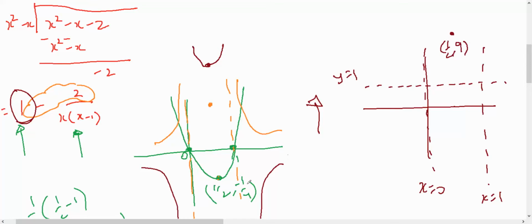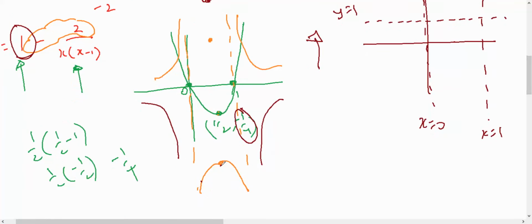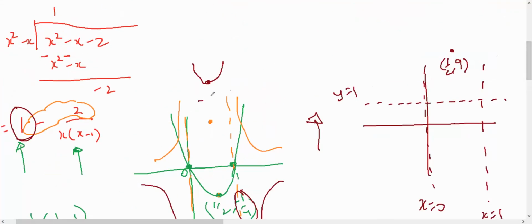It should be 9 because this negative 4 goes up here to be doubled, so negative 8, and then, sorry, positive 8, then plus 1 makes it up at 9. So I can double check that. So my curve should look like this, and I'll have this, and I'll have this.